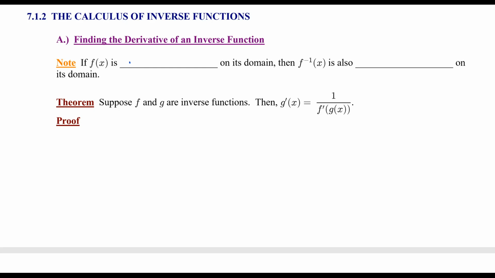If f of x is continuous, and by the way, sometimes you'll see me abbreviate continuous with a C followed by an arrow. If f of x is continuous on its domain, then f inverse of x is also continuous on its domain. Now, why is this important?